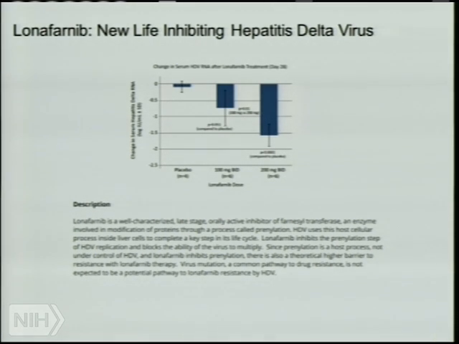So it's a well-characterized, late-stage, orally active inhibitor of farnesyltransferase, and the enzyme is required for hepatitis delta virus infection, and it uses that cellular process in order to complete its life cycle. And so when patients have received lonafarnib, you have a marked decrease in hepatitis delta virus. So oncology gifts this drug to hepatology.